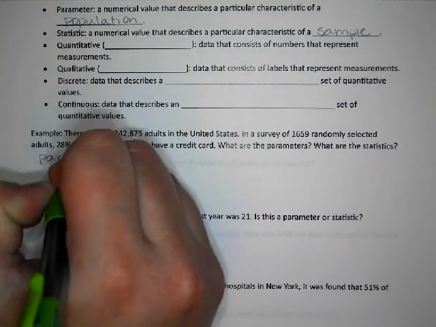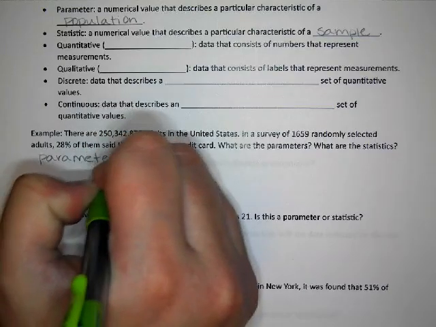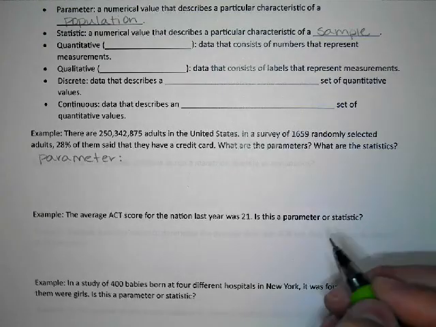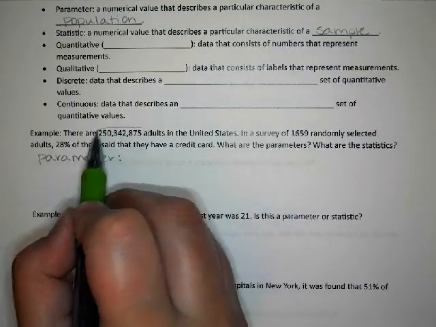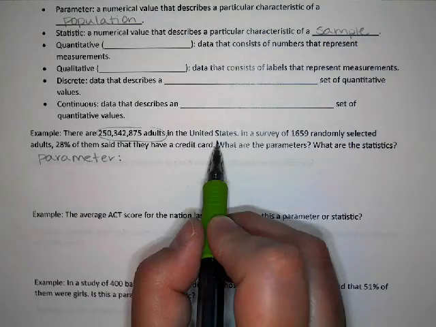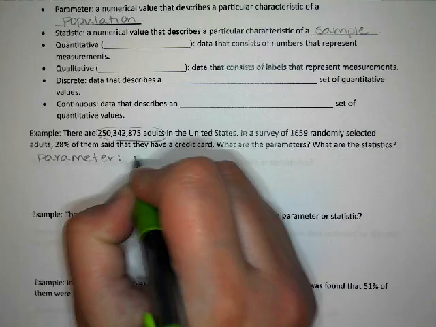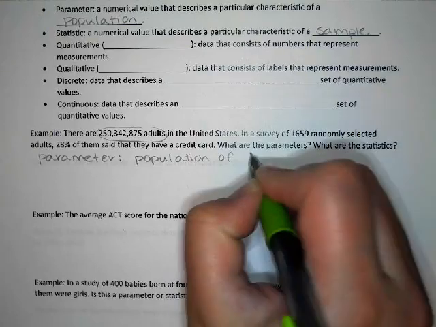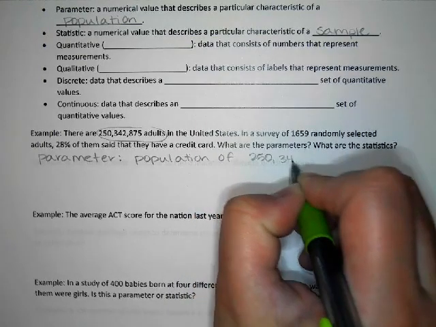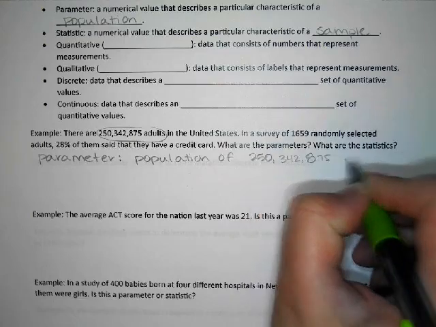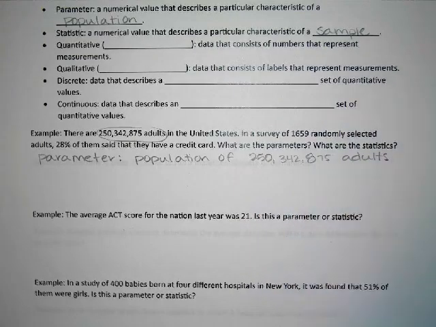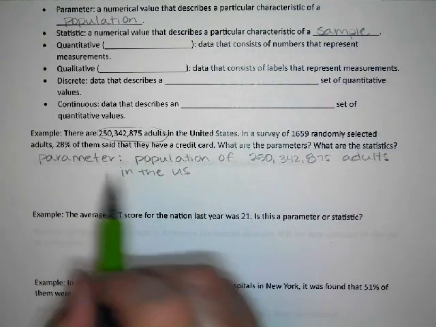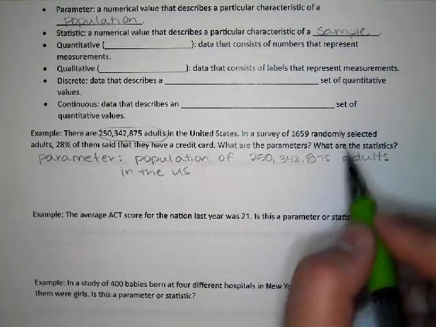So for the parameters, we're looking at numerical values that are describing a particular characteristic of the population. So it looks like this is the population. It's the adults in the United States. And then the rest of it has to do with the sample.